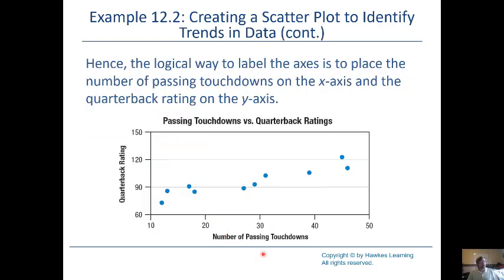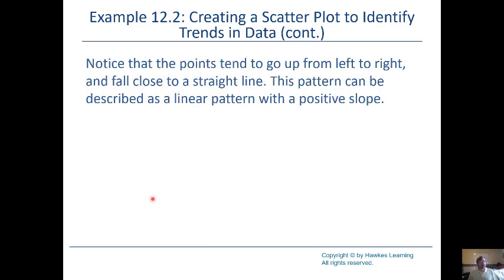So we'd probably put touchdowns on the x-axis and rating on the y-axis, and sure enough, there's a nice linear trend. The more touchdowns they get, the higher the rating is. So this is a positive slope, and yeah, that does look pretty linear. A linear pattern with positive slope.